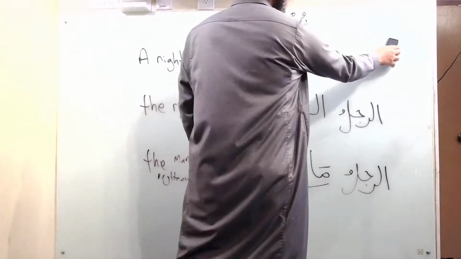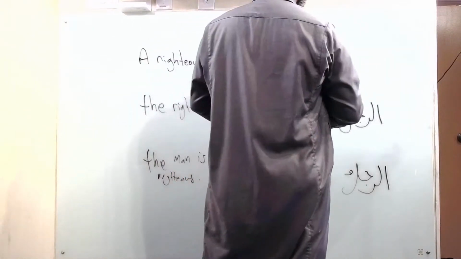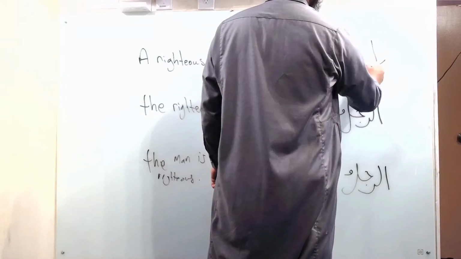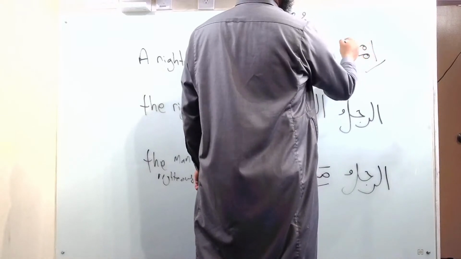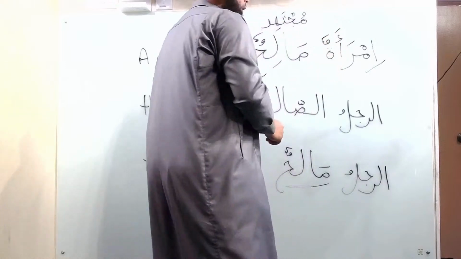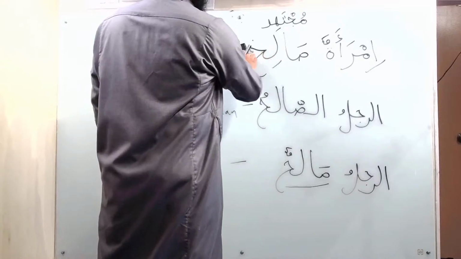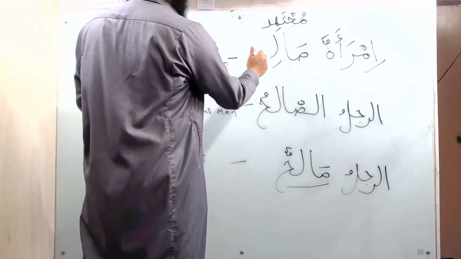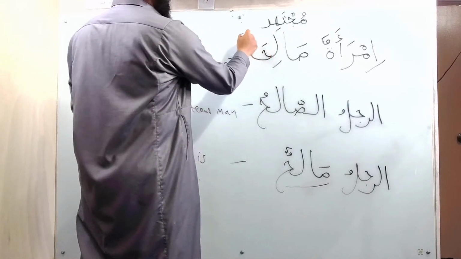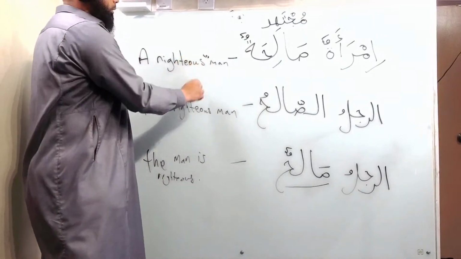Now, if I change this here to, let's say, imra'a. Imra'atun means a woman, right? So now if you change that, you have to change this to match. You're going to say imra'atun salihatun, a righteous woman.